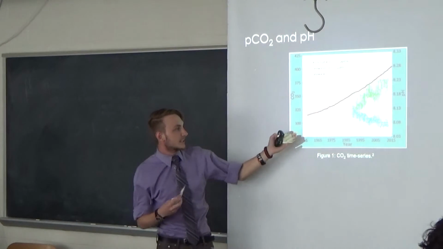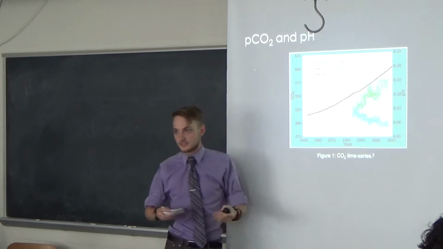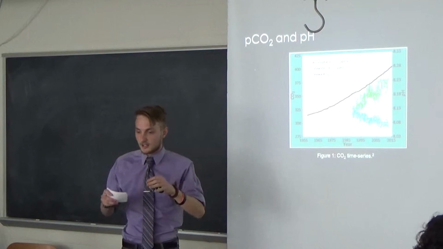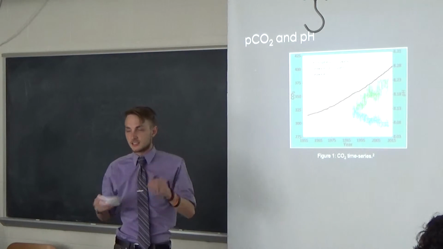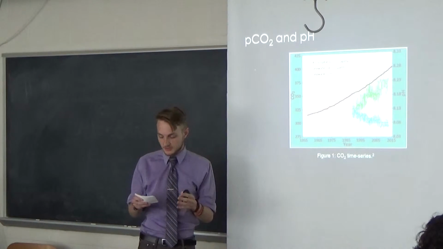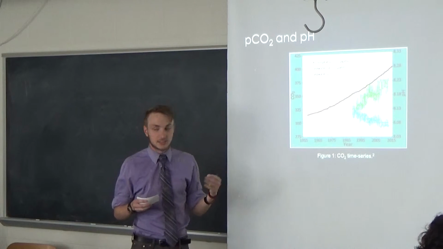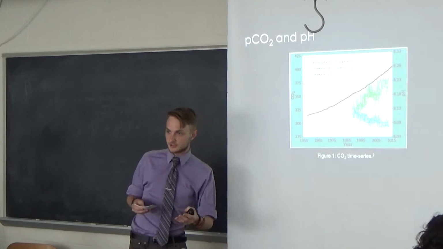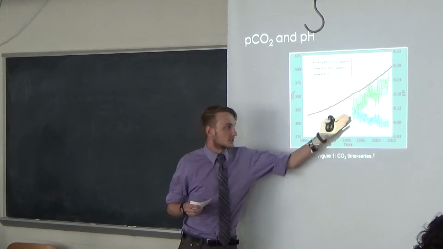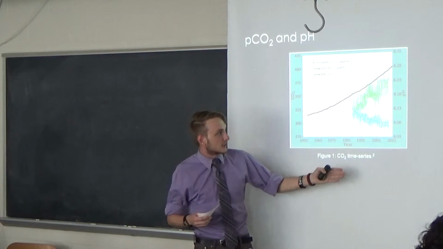And the green line corresponds to partial pressure of CO2, which is basically the dissolved concentration of CO2 in the water over the equilibrium constant of it. That's just the way we measure CO2 in the water, with the partial pressure of CO2. And pH corresponds to the blue graph, and the other y-axis.